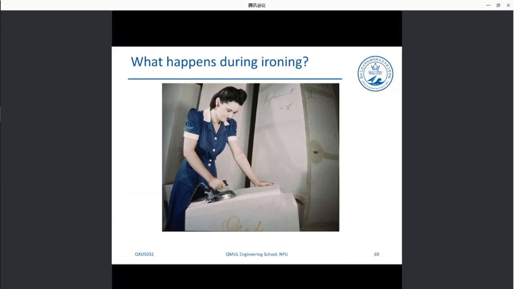So when we use an iron, we give thermal energy to the chains of the polymer, because the majority of our clothes are made from, let's say, polyethylene fibers or something like that, or polymeric fibers. We provide enough thermal energy for the macromolecular chains to start moving, and we also apply force to the chains by pressing them down.